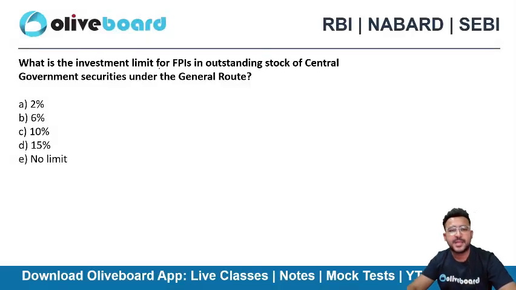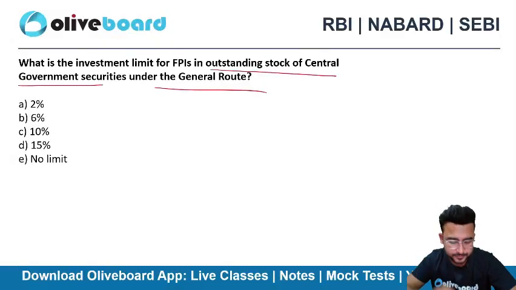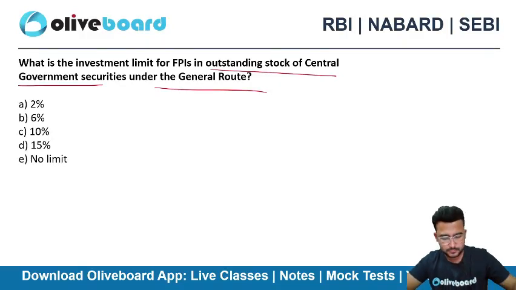What is the investment limit for FPI in outstanding stock of central government securities under the general route stated in the circular? Is it 2%, 6%, 10%, 15%, or is there no limit?